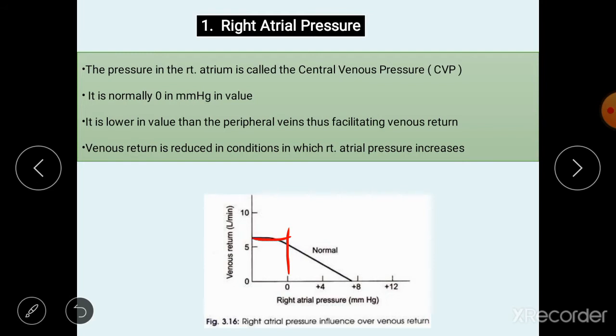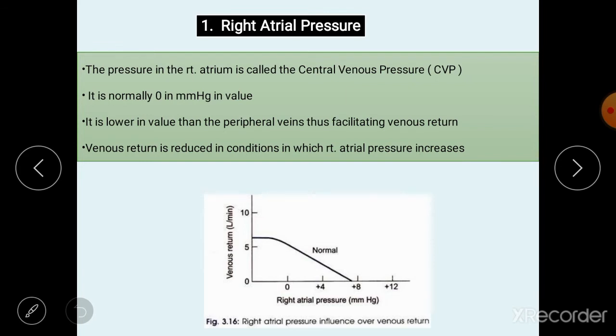It is around 5.5 or 6 liters per minute. Then if you start increasing the right atrial pressure, suppose you raise this pressure from 0 millimeter mercury to 4 millimeter mercury, your venous return decreases to around 2.5 liters per minute. You can see the drastic change in the venous return when you increase the right atrial pressure.